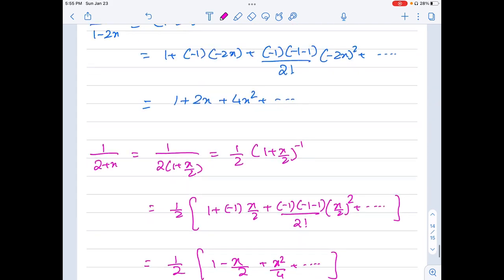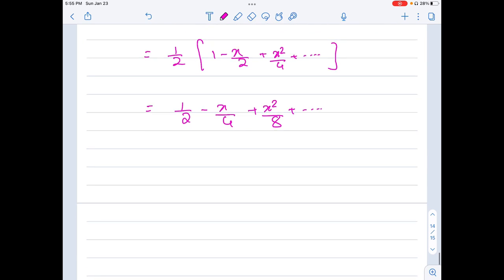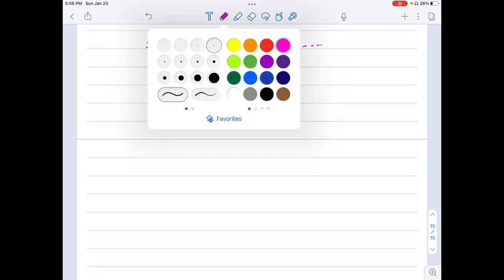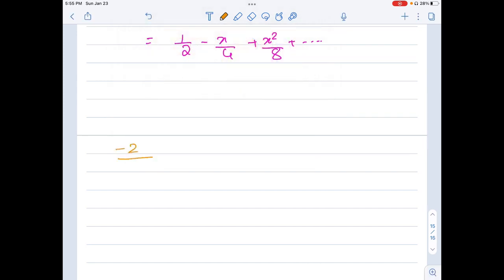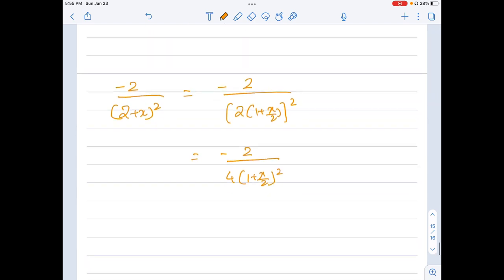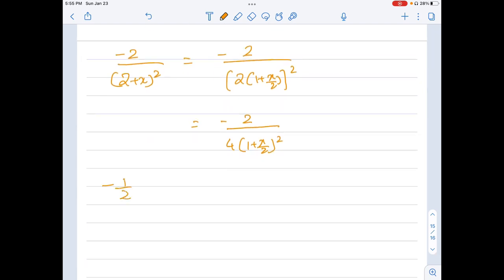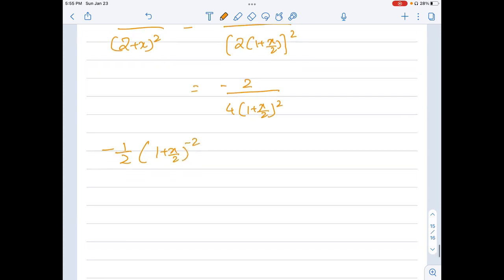Now the last one is minus 2 upon (2 plus x) whole square. So minus 2 upon, 2 common, (1 plus x upon 2) whole square. So it becomes minus 2 upon 4 times (1 plus x upon 2) whole square. So it becomes minus 1 upon 2, (1 plus x upon 2) whole to the power of minus 2.